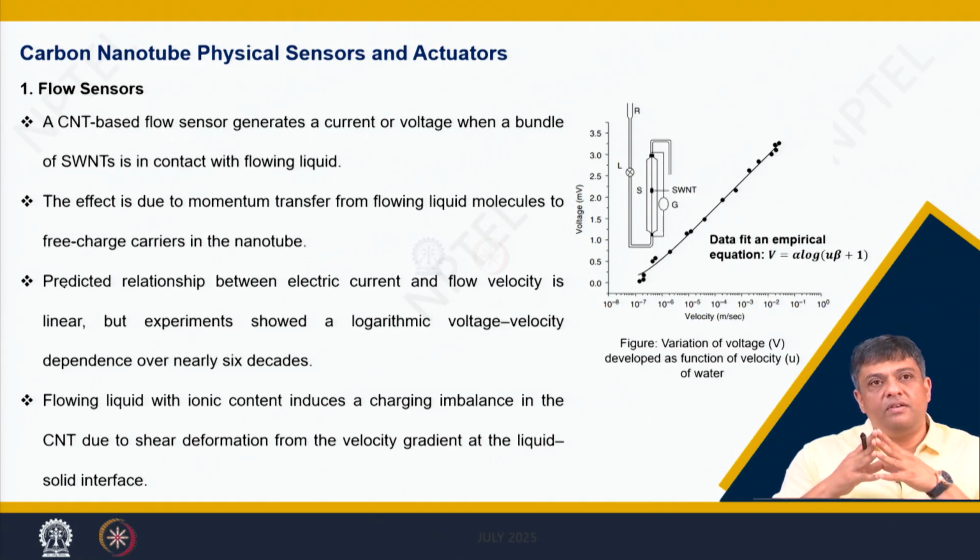And you can also make flow sensors, because now you know that there will be interactions on the surface. For example, you take the flowing liquid molecules and see how the momentum transfer takes place, and then by measuring the change in voltage as a function of velocity, you can get some kind of data.